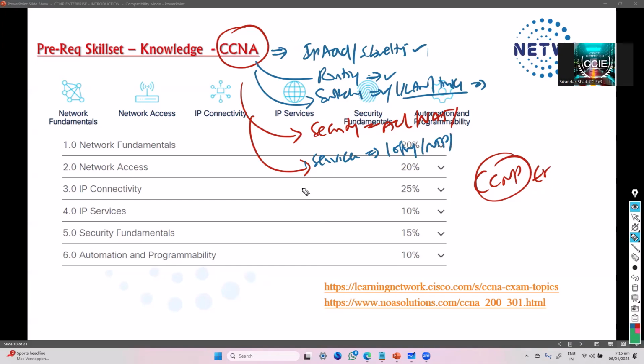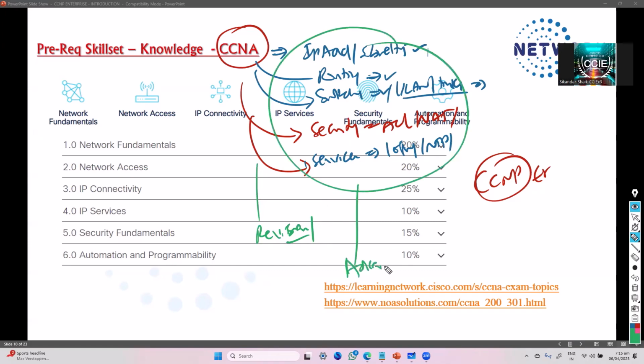So CCNP is a little bit of a revision of the CCNA, not everything, because whatever topics we are going to cover are more advanced and more detailed. In the CCNP, we will be deep diving into these technologies. So at the CCNA level, you know what is routing, how we configure the routing, and the configuration, verifications, basic troubleshooting.